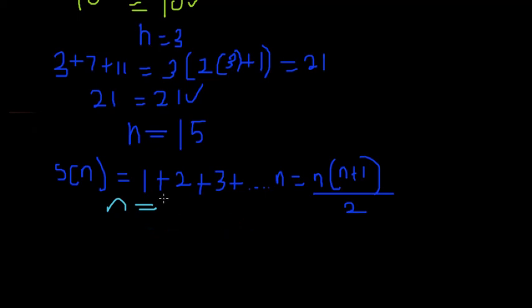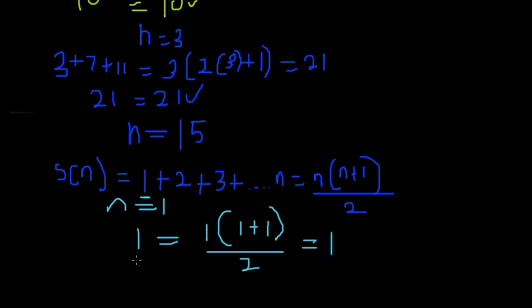From here we have 1 plus 1, that's 2, multiplied by 1, that's 2, divided by 2, that's 1. You can see that the left hand side is equal to the right hand side.